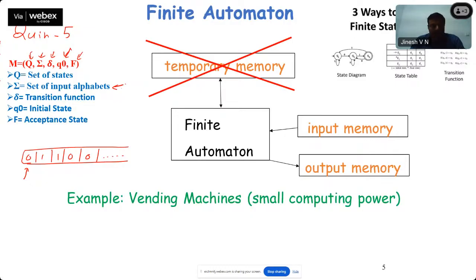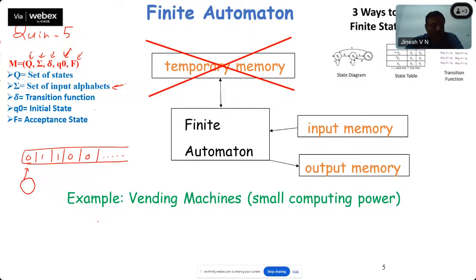Each time we have seen the state changes happening because of certain types of inputs. That input we consider as input alphabets. With respect to each state we are going to read the input symbol. The input symbol is already loaded into the tape, that is the input memory.